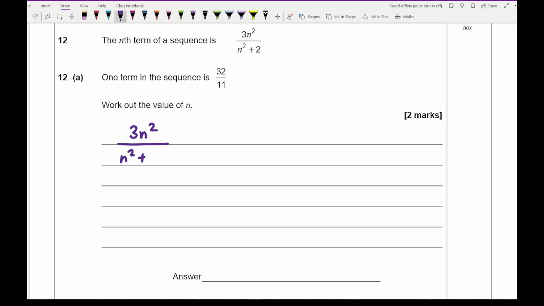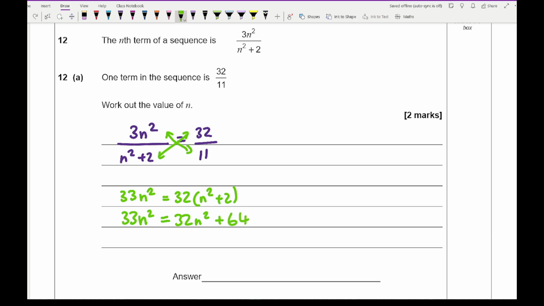N squared plus 2 is equal to 32 over 11. Then from this, what I'm going to do is cross multiply. So we end up with 33n squared equals 32 times (n squared plus 2), which then equals 33n squared equals 32n squared plus 64.